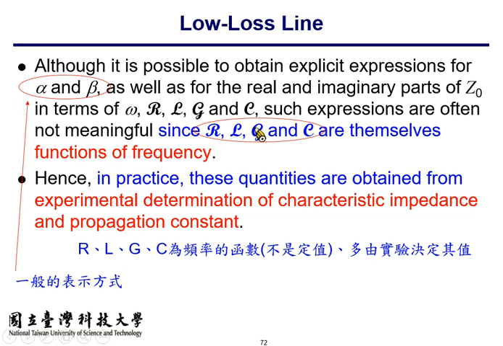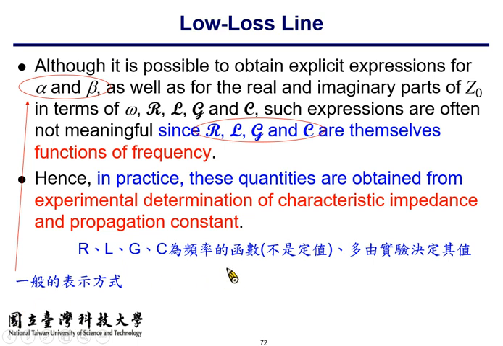In the previous slide, we have seen the relationship between alpha, beta, the attenuation and phase constant, with respect to the per unit length properties. And here is a reminder about the properties of the RLGC model. They cannot be regarded as constant numbers.